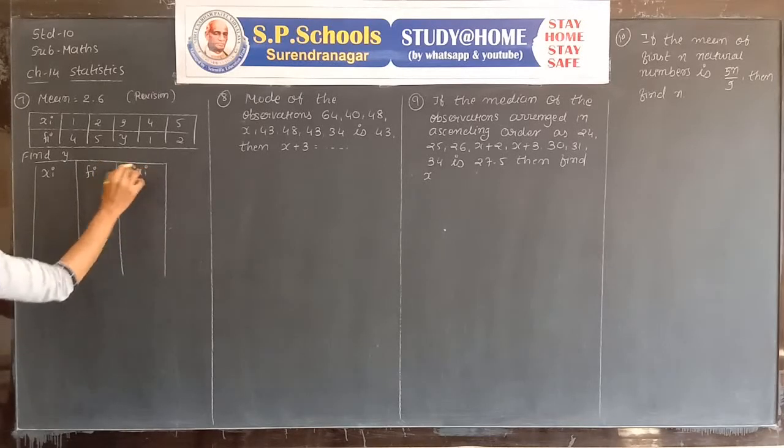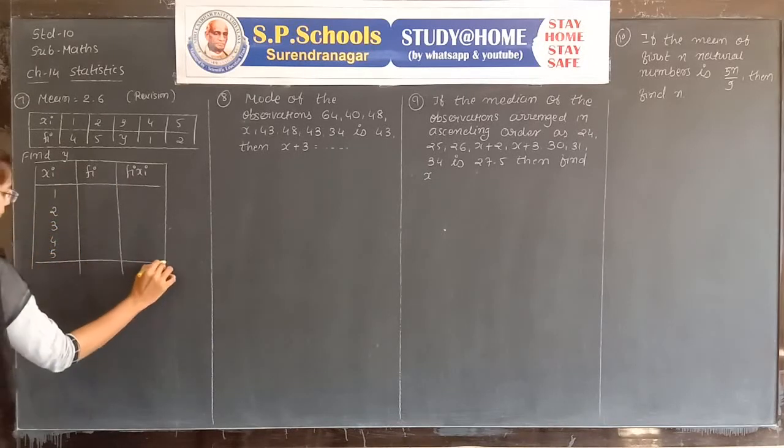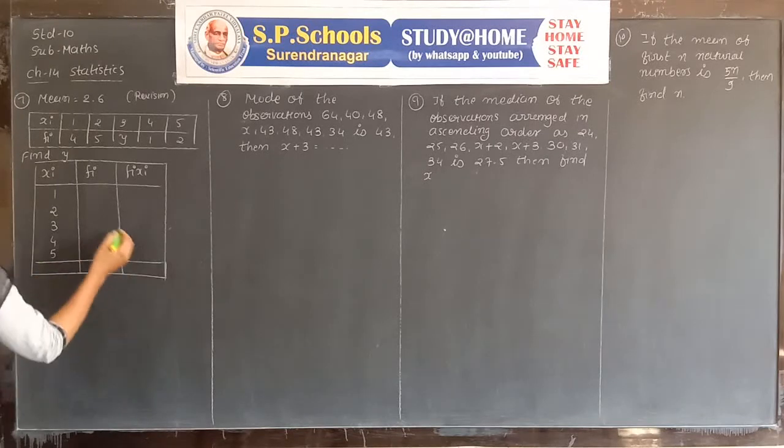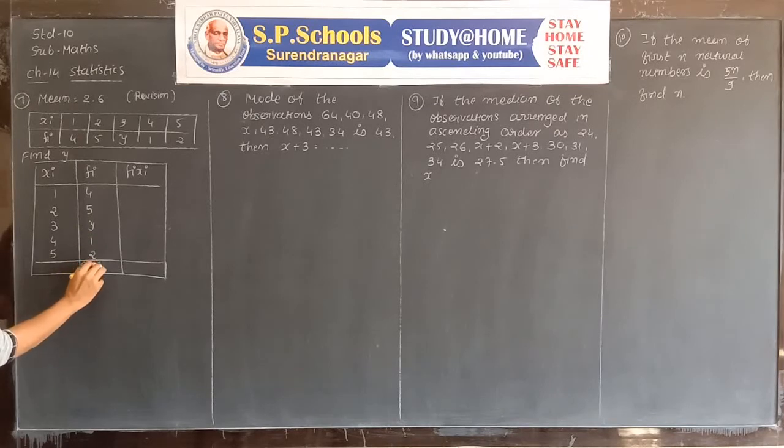For that, Fi multiply with Xi. Xi is 1, 2, 3, 4 and 5, and Fi is 4, 5, Y, 1, 2. Sigma Fi is equal to Y plus 12.